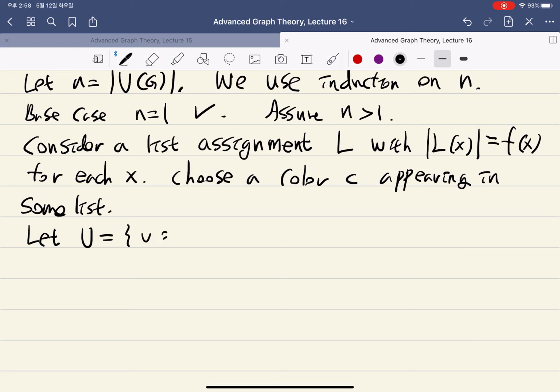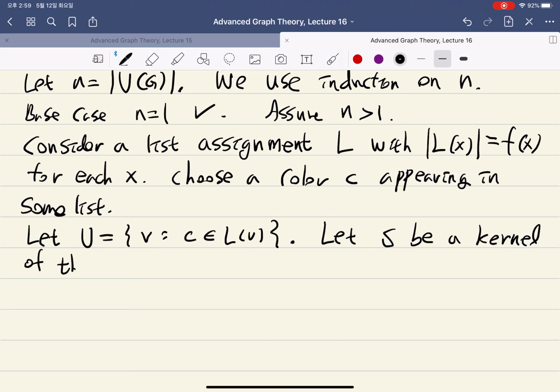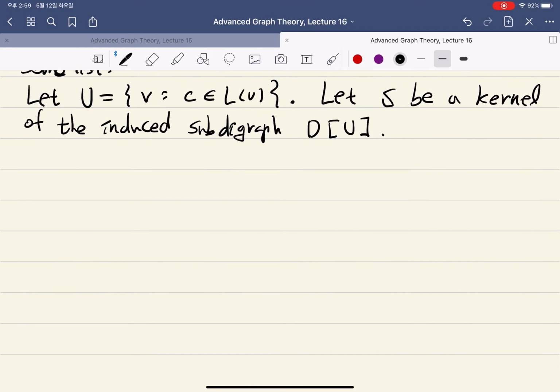Let U be all the vertices so that its list contains this specific color C. And let S be a kernel of the induced subgraph, say the induced subdigraph D, which is induced by this U. So again, what happened?